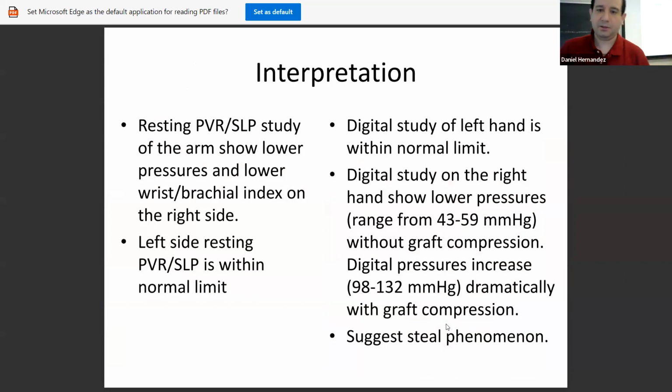So the interpretation for this study is it's just showing that the pressures increase dramatically when we compress that fistula. So it was this fistula that was stealing the blood flow and creating those low pressures.